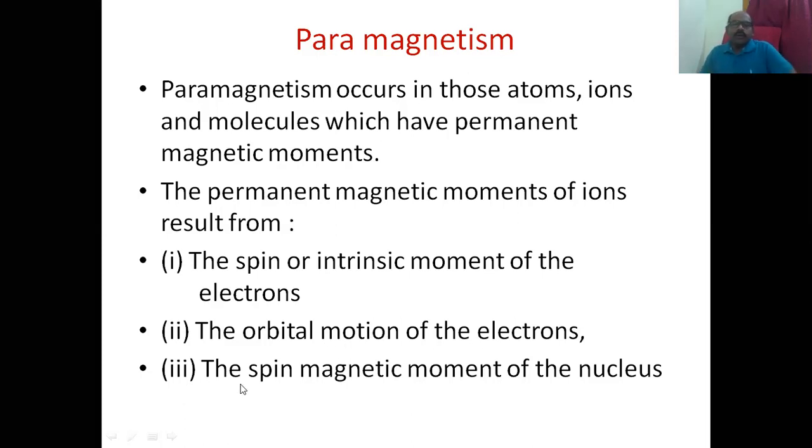In the case of the spin motion of the nucleus, we get the spin magnetic moment of the nucleus if the nucleus spins about its own axis. So these are the possibilities for the generation of permanent magnetic moments.